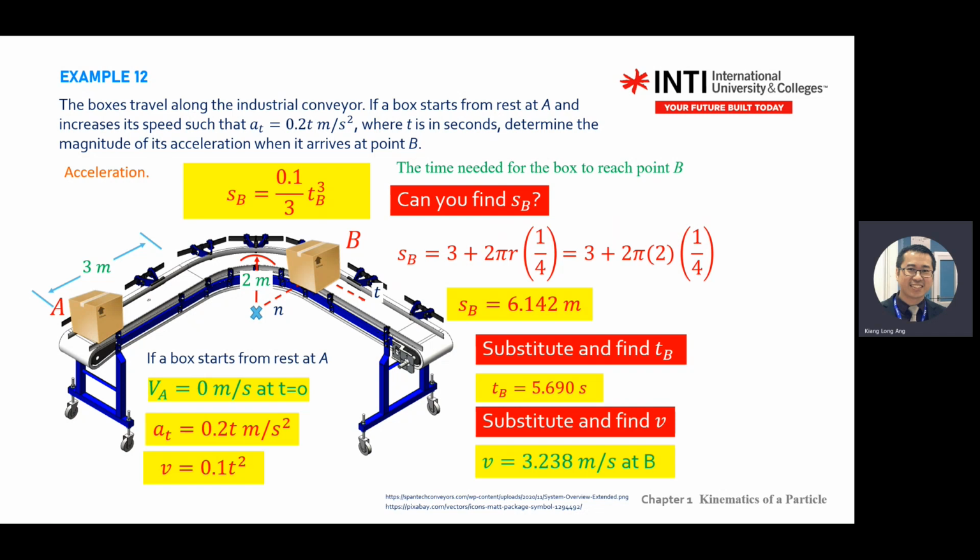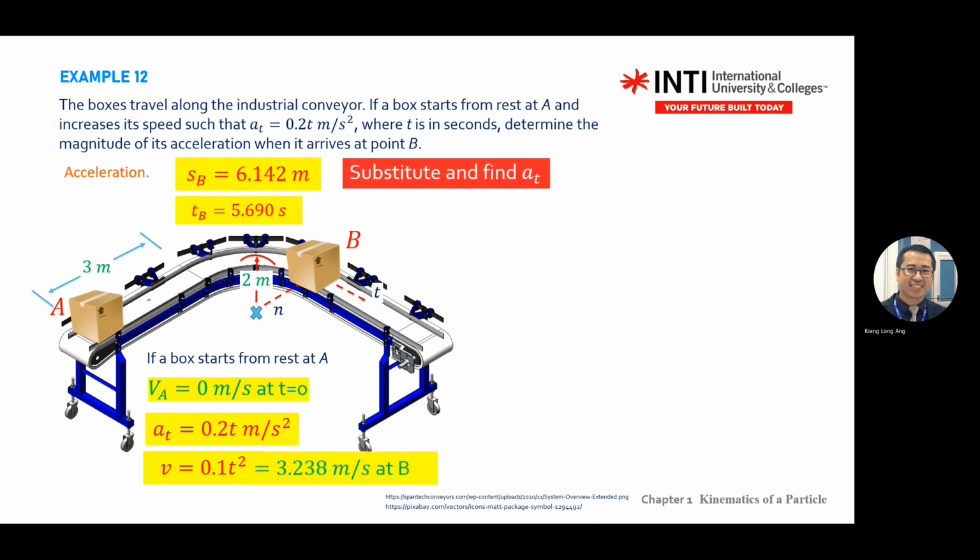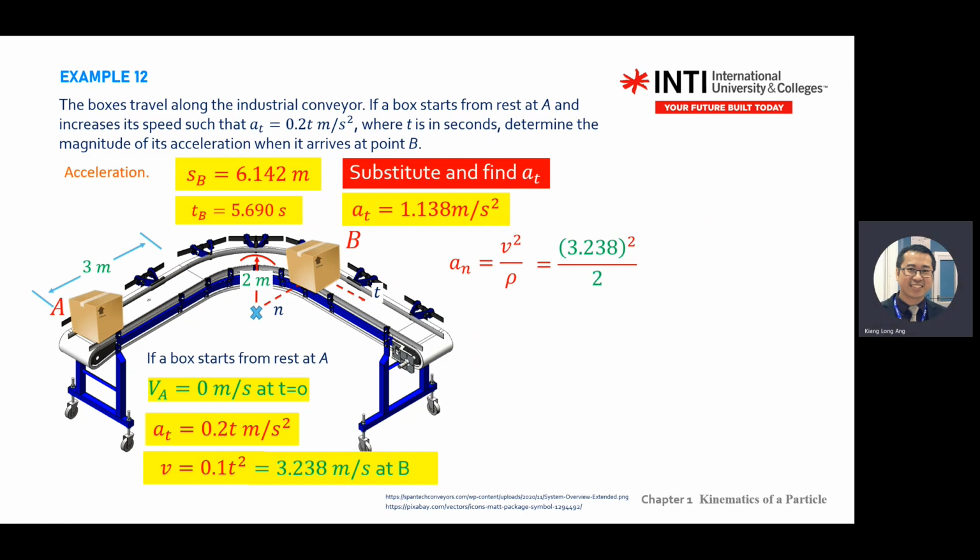Then you substitute the time back here, because just now you found your v equal to 0.1 t squared. Substitute back here, you get your v. Then you have the acceleration in the tangent direction.